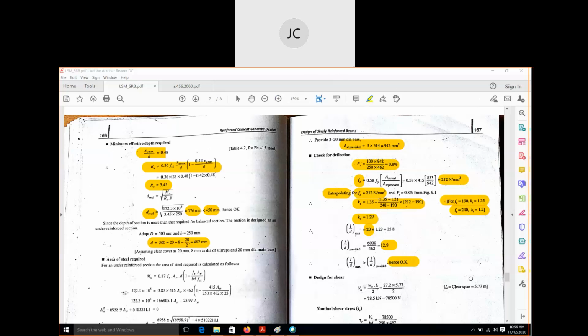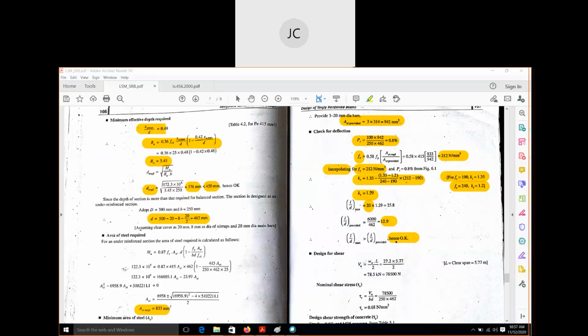If anyone has any doubt in control of deflection, you can ask me now. Okay, so I hope all of you have understood this part.